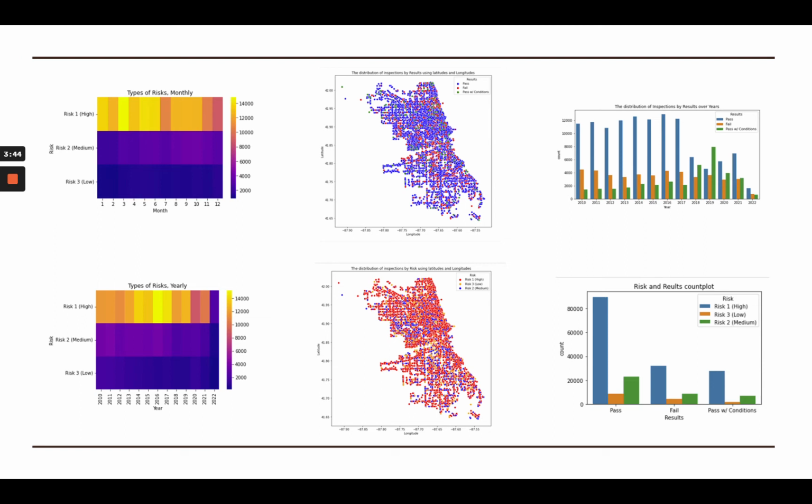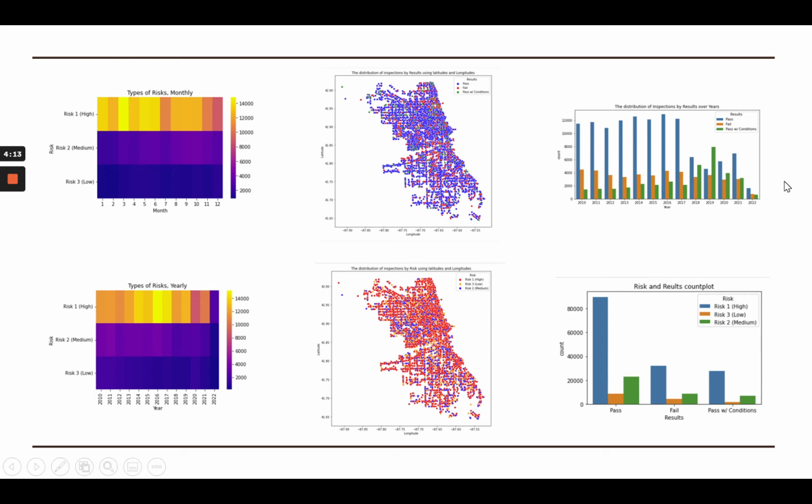The second one is using latitudes and longitudes, which we plotted. Most of the data is from Chicago. If you see this on the USA map, you can easily figure out that most of the data is in the Chicago area. In this plot, most of the blue part is the pass percentage, so the pass percentage is more, and for risk, most of them are red, which is high risk.